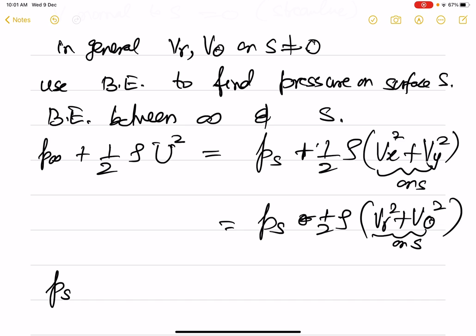And once we can find pressure on the surface, we can integrate this on the half body to get the drag on this half body.